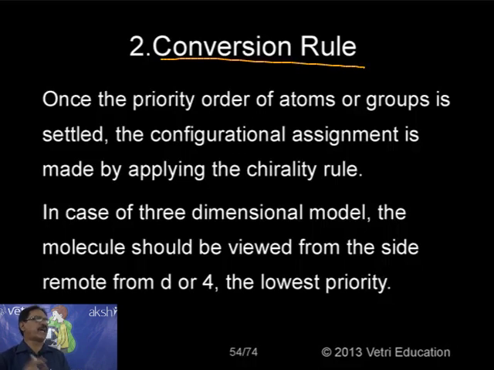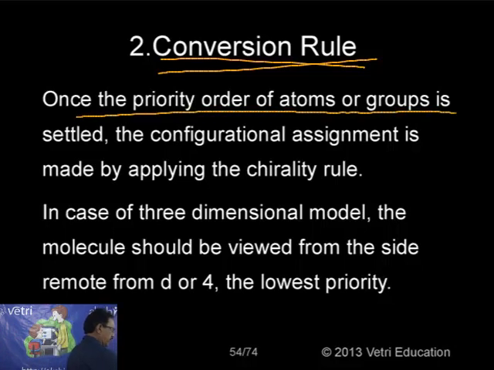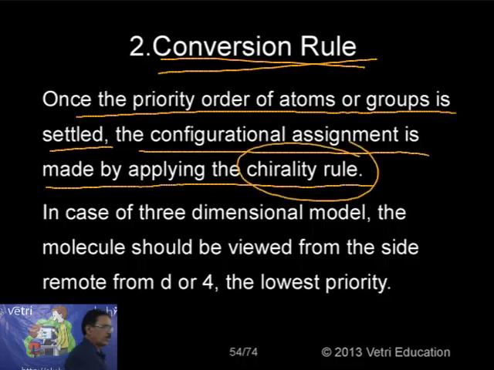Now we have to assign R or S. What is the method? That is called the conversion rule. Based on this priority order, we have to predict whether it is R or S. Once the priority order of atoms or groups is settled, the configurational assignment is made by applying the chirality rule or conversion rule.